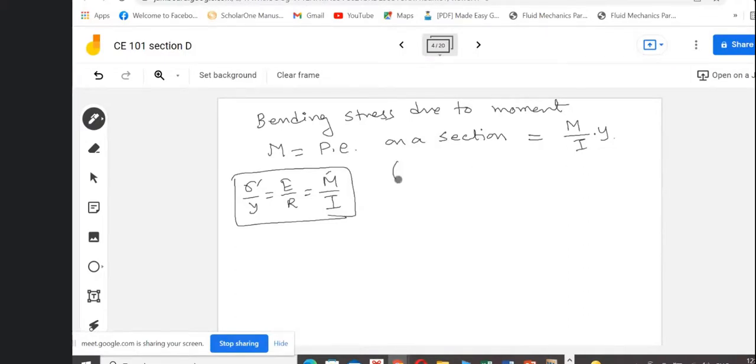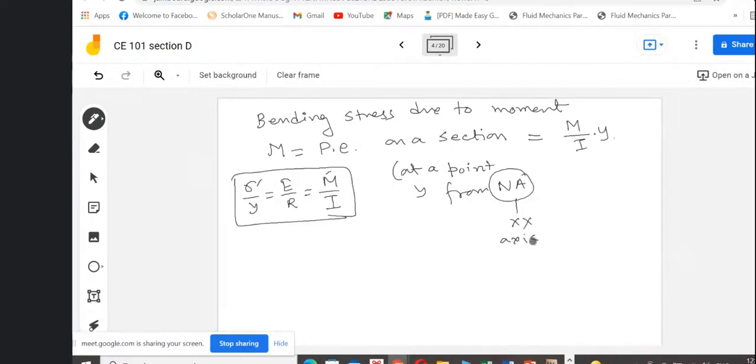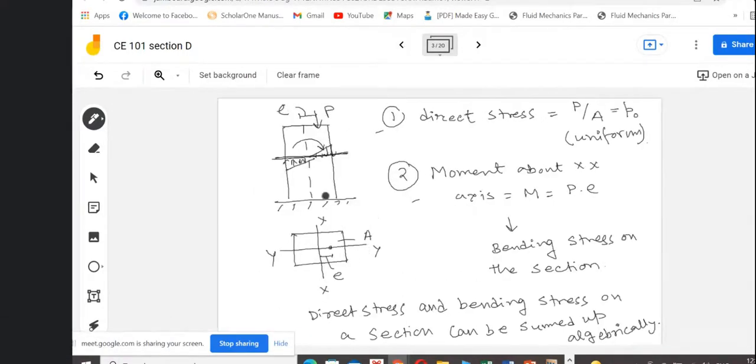and this is at a point Y from the neutral axis, and the neutral axis is the XX axis. So this was the neutral axis, and that's where the bending moment is occurring.